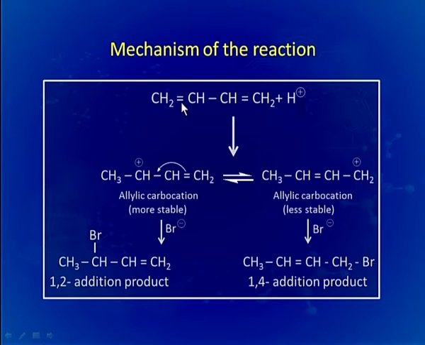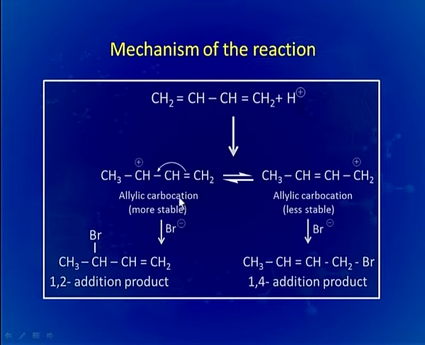So, the electrophilic addition reaction starts and this H plus is added here and C plus is generated here. So, this is an allylic carbocation. This can be converted to another form of allylic carbocation where the carbon plus is here, due to movement of this pi bond from here to here.